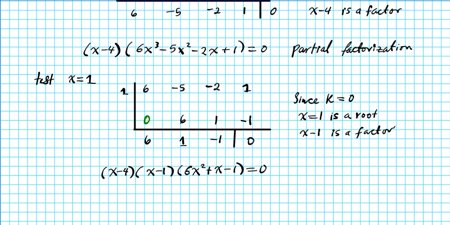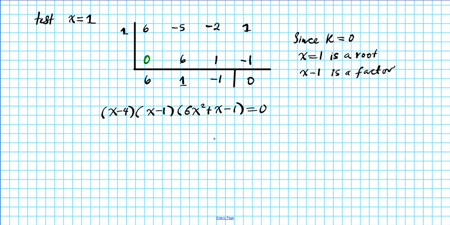We can proceed to use the remainder theorem and synthetic division to find more factors, or we can use another method that is less involved. So do you want to use synthetic division here? Is it wise, or is it smart, or is it effective to use synthetic division here? The answer is no, because we already know how to factor quadratics from algebra 1, algebra 2.